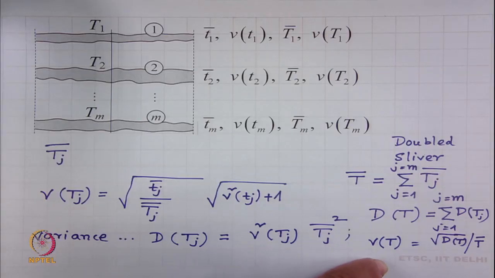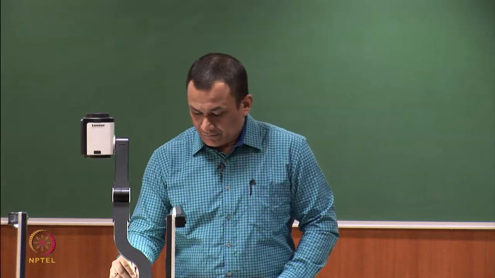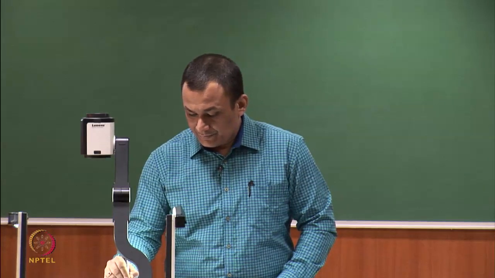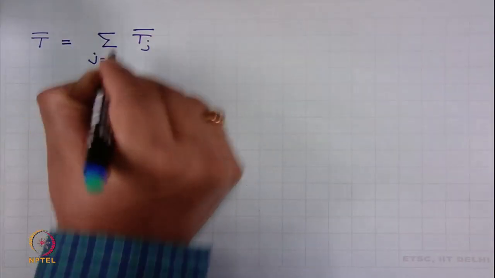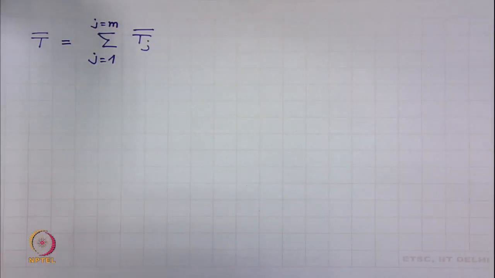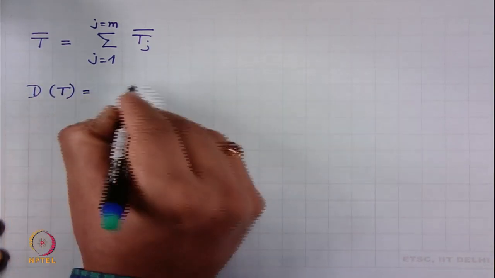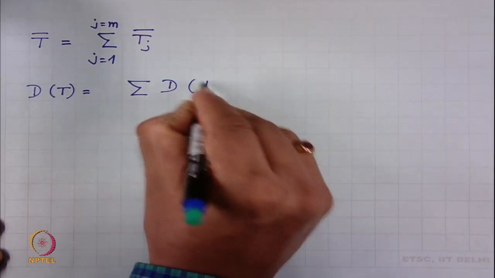We need to find out the expression for CV of fineness of the double sliver. So, T bar is equal to this, summation over j equal to 1 to m, and variance of T is equal to summation of variance of T j.